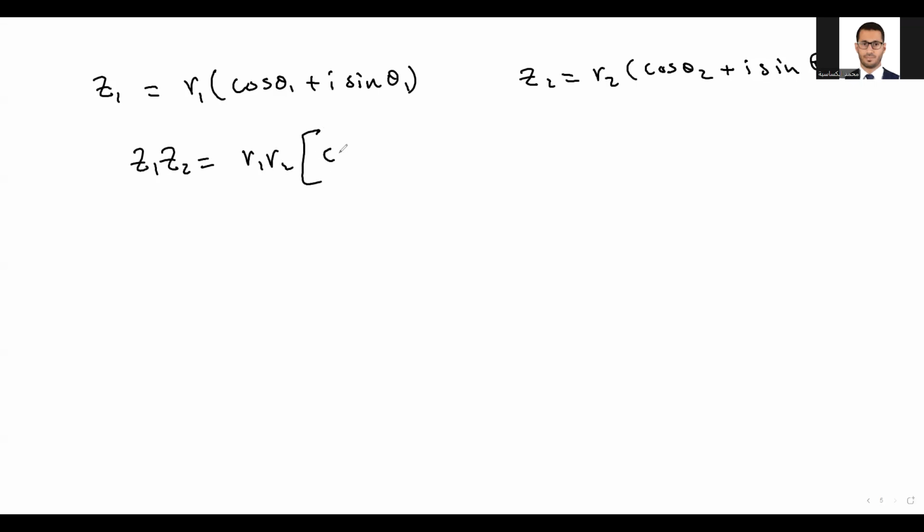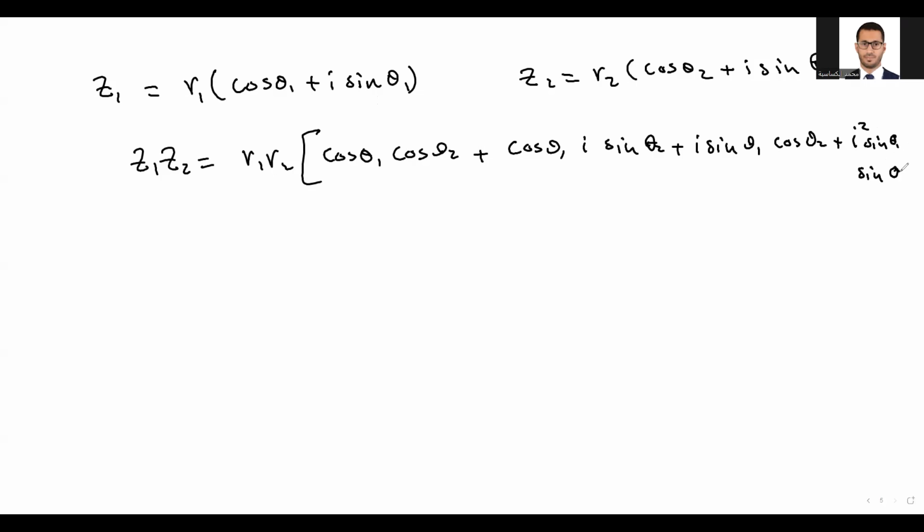times the product of the brackets. We have the distribution here: cosine theta 1 cosine theta 2, plus i cosine theta 1 sine theta 2, plus i sine theta 1 cosine theta 2, and this one multiplied by this one, plus i squared sine theta 1 sine theta 2.